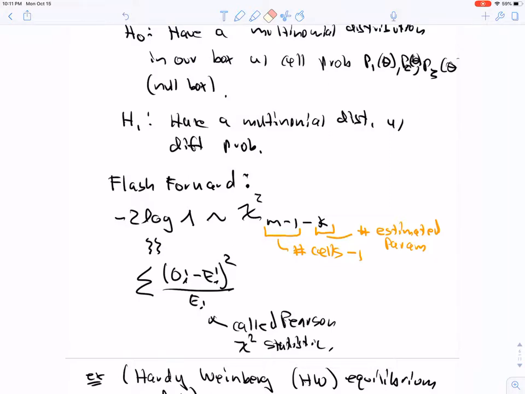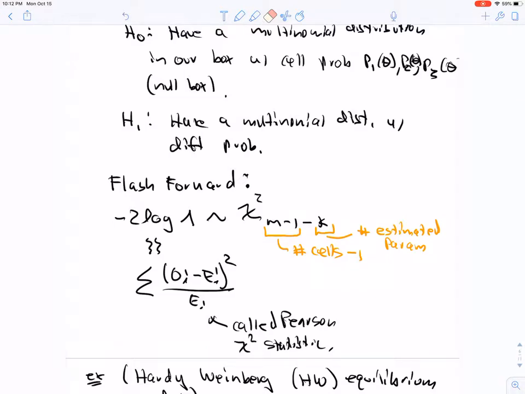This lambda here is the generalized likelihood ratio, and we saw in section 9.4 that asymptotically this is a chi-squared with dimension the dimension of the parameter space minus the dimension of the null space, which in this case is the number of cells minus 1 minus the number of estimated parameters.